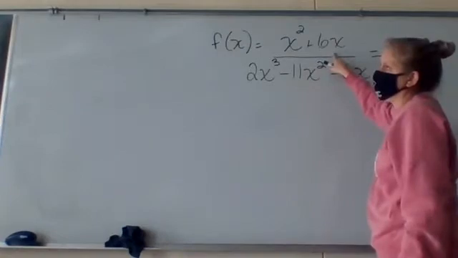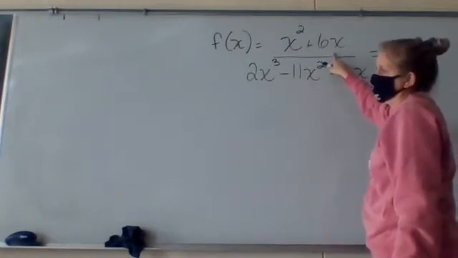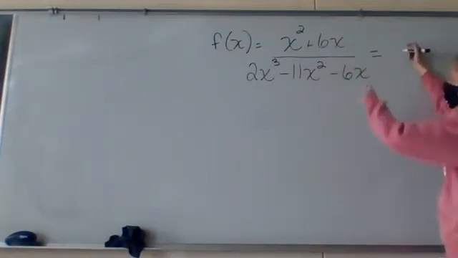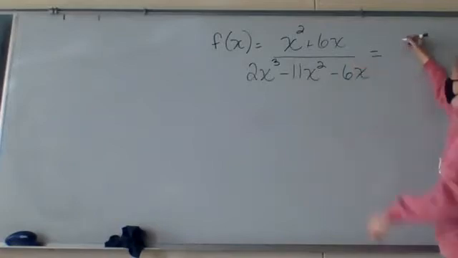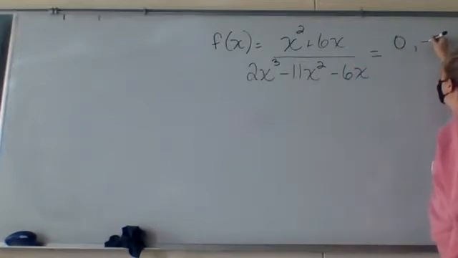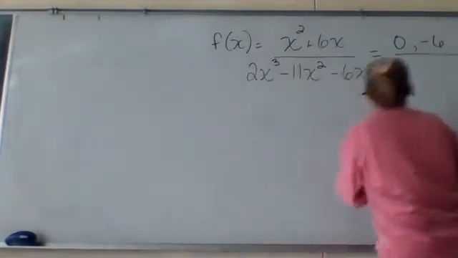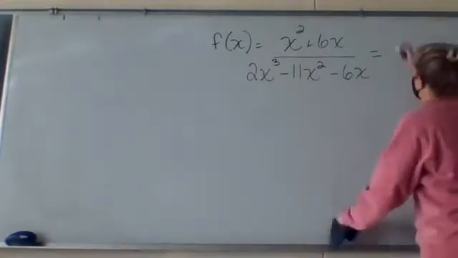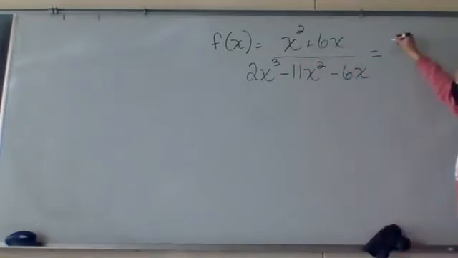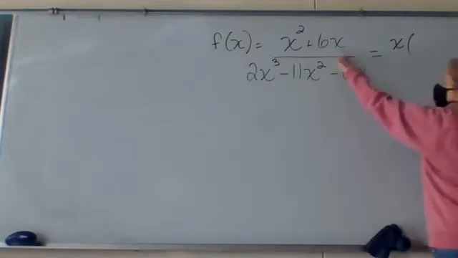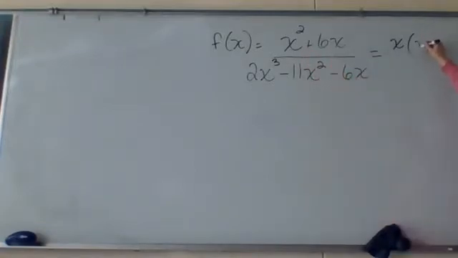I can put it in my quad program, which would tell me that the zeros would be 0 and -6. The reason for that is if I did factor this, I would pull out a greatest common factor of x, and put in parentheses what would be left if I took an x out of both of those, which would be x plus 6.